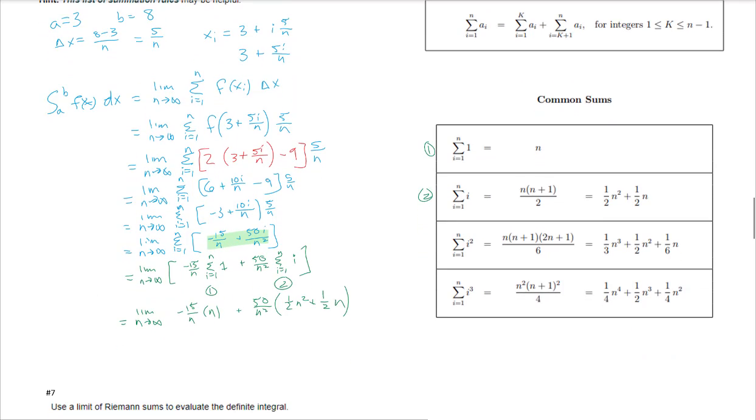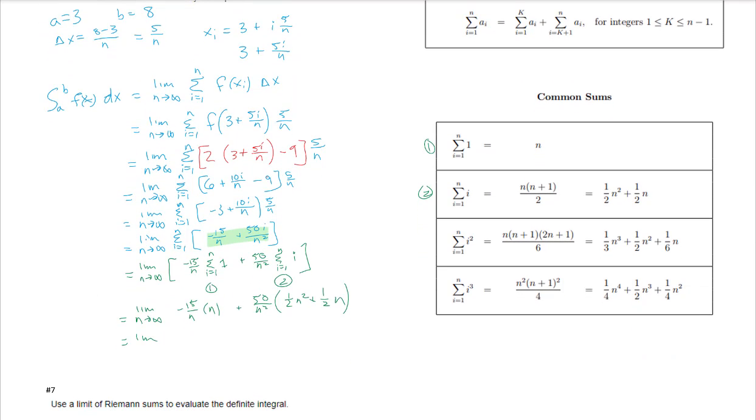Now if we distribute that a little bit, we get the limit as n goes to infinity of negative 15 plus 25 over n, which is just the limit as n goes to infinity of 10 plus 25 over n.